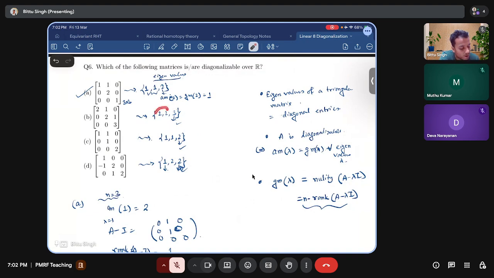So we need to find the geometric multiplicity corresponding to 2. If we subtract 2 from the diagonal entries, this becomes 0, this becomes 0, this becomes 1. Now what is the rank of this A minus 2I?